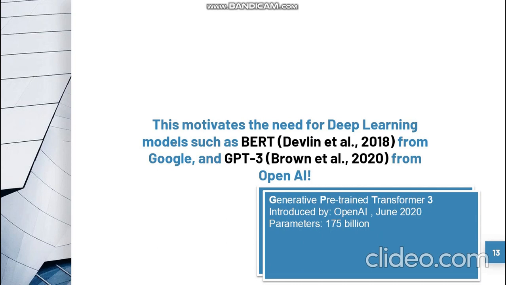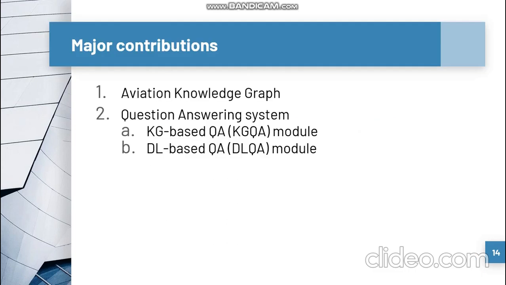GPT-3, Generative Pre-trained Transformer 3, was introduced by OpenAI in June 2020 and it contained 175 billion parameters. So the major contributions in this paper are the aviation knowledge graph and question answering system that will be using two kinds of deep learning techniques.